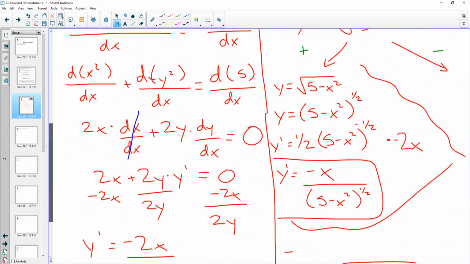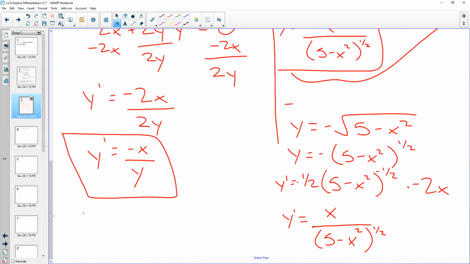So now that we know what y is, y prime is equal to negative x over what y is, and we said y was plus minus square root of 5 minus x squared.